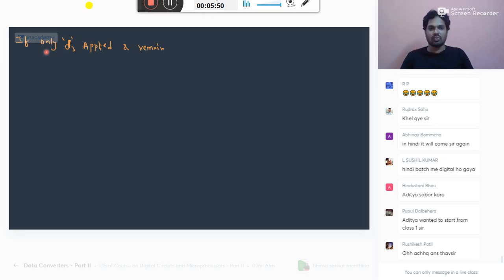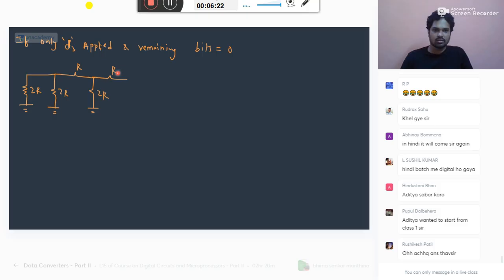So listen here, we have only D3 applied. Remaining bits are equal to 0. So the circuit you will have is like this. You have a 2R. The first line is ground only. Then another 2R. Then R and 2R, again R, 2R, and here again R, 2R.